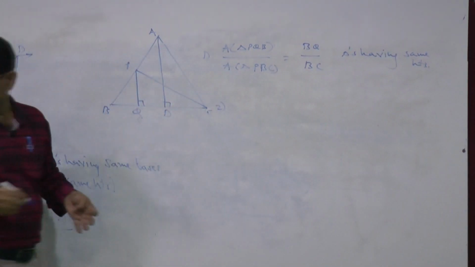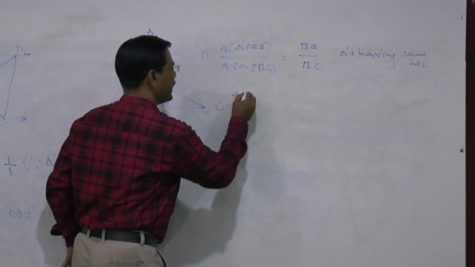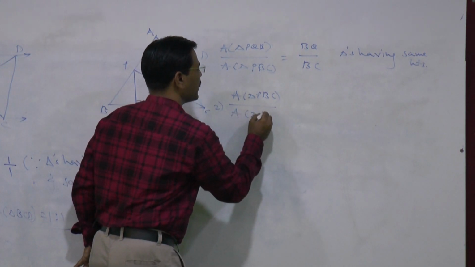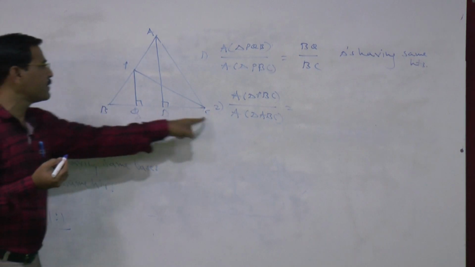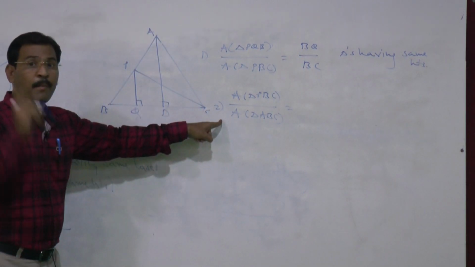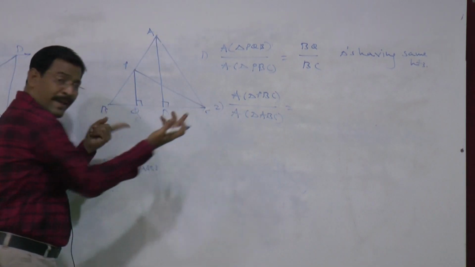What about the second one? Area of triangle PBC and area of triangle ABC. Observe here, where is PBC? This is PBC. And what about ABC? ABC is here. PBC, base is BC. ABC, again base is BC.